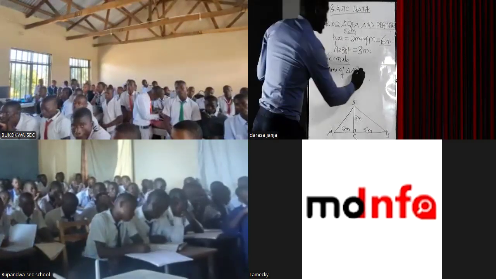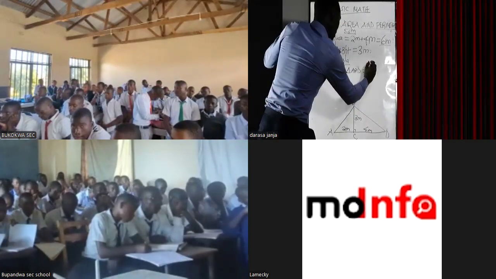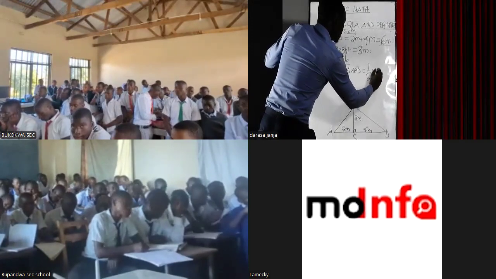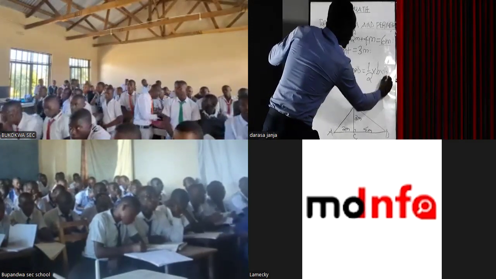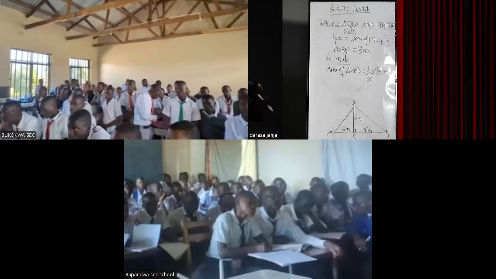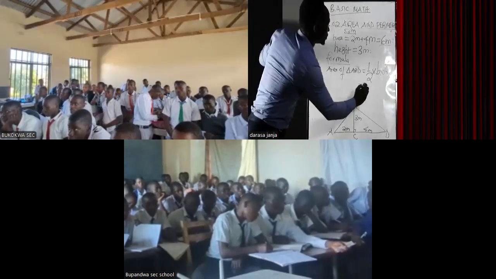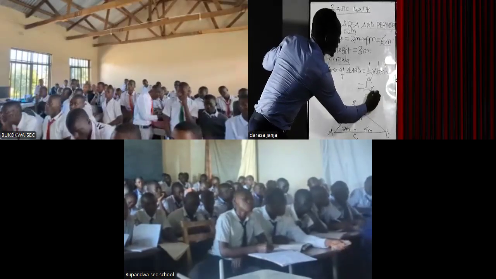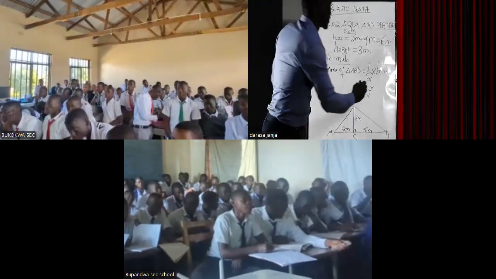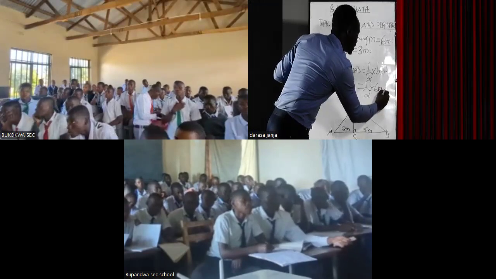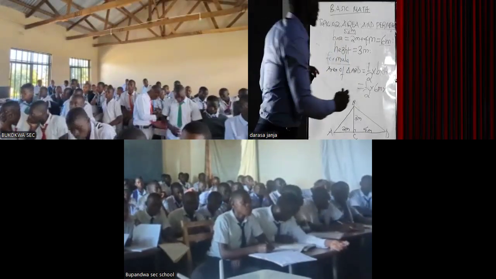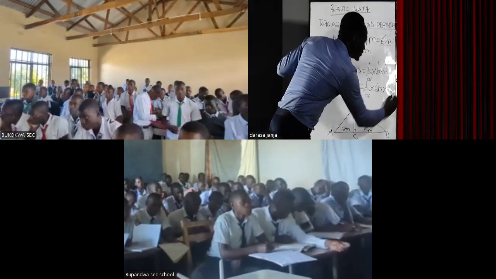So we are writing the formula. This is half times base times height. I've already mentioned them at the top. So this is half times base. Our base is 6 meters, and our height is 3 meters.